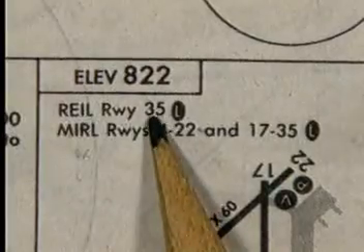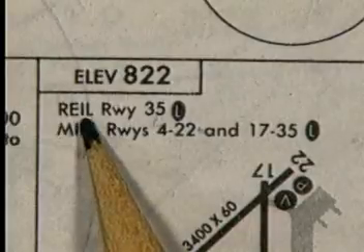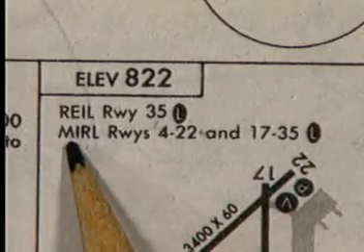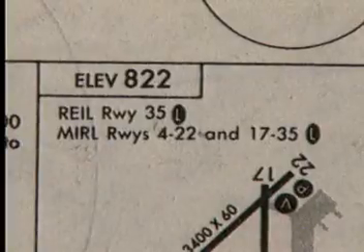Runway 35 itself has REIL, Runway End Identification Lights. That's the flashing strobes on either side of the runway threshold. And it has MIRL, Medium Intensity Runway Edge Lights. And remember, you can always use the legend for all of this at the front of the approach plate book.